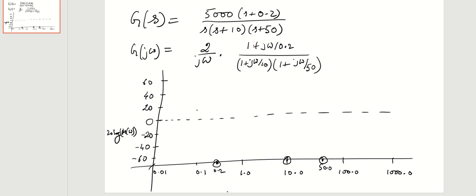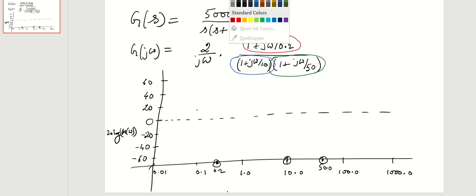So let me use red for this, blue for this, green for this, and purple for this. So I'll draw them individually, and at the end we shall see again, just like the trick we used the other day, we'll not draw this separately because we know that's in the phase plot.